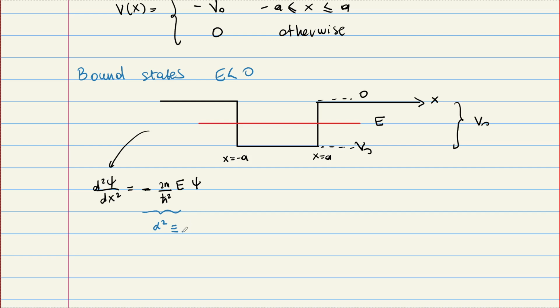So this is 2m. Let me emphasize it's positive, not to confuse you. Good. And that means the solutions here are going to be some A times e to the minus alpha x plus B times e to the alpha x. Good.